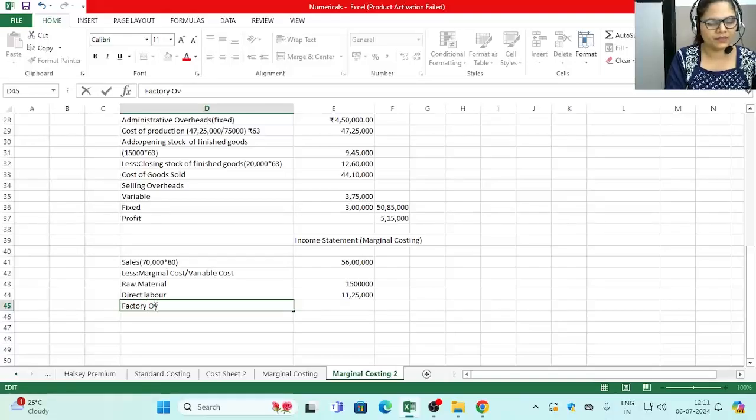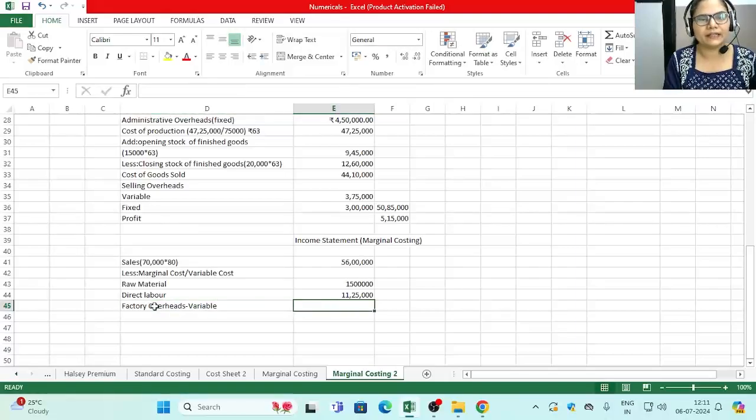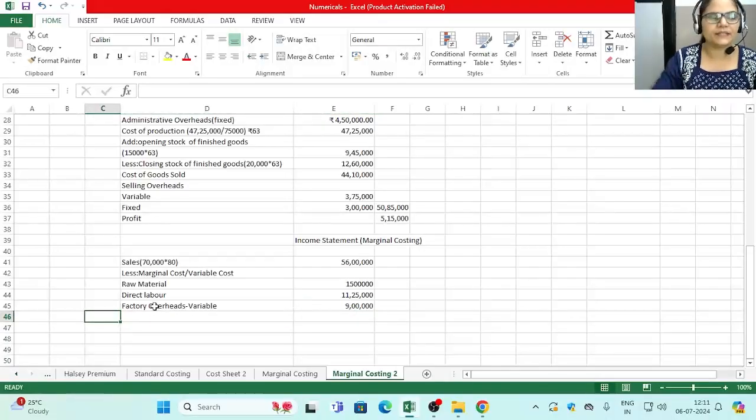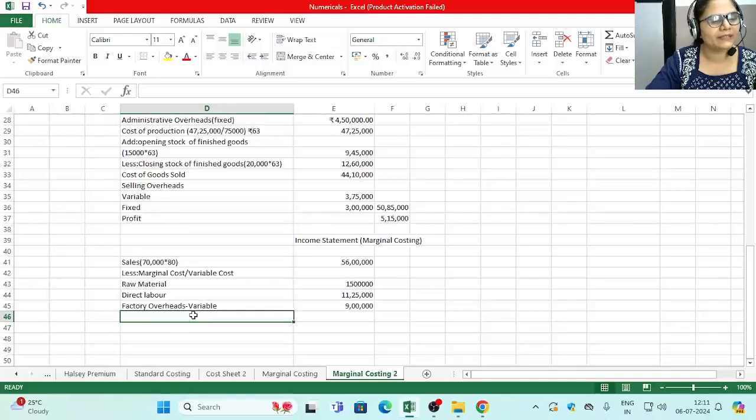Factory overheads. Factory overheads, we will first take variable, that is 9 lakh. Next is, we know this 9 lakh.